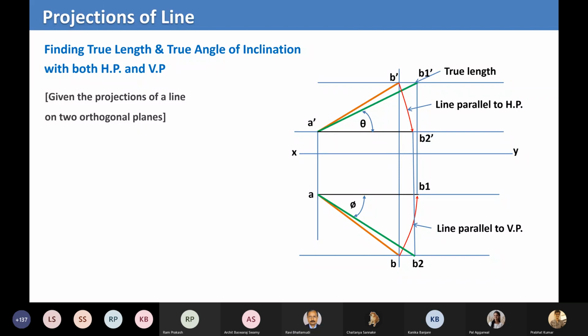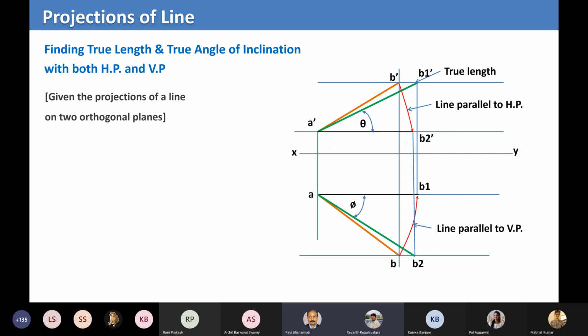So the true inclination, if you see in the front view there is one true inclination, and in the top view there is another angle which you get as a true angle. So in both views, when you rotate the line A dash B dash to its true length, that is A dash B1 dash, you get one true angle, which is the true angle with respect to the horizontal plane. Since this is a front view, you get the true angle of the line with respect to the horizontal plane.